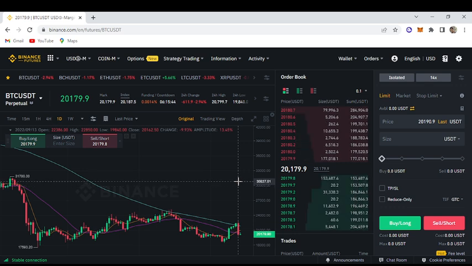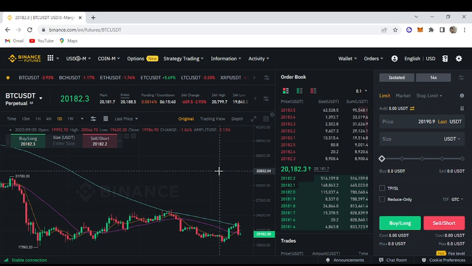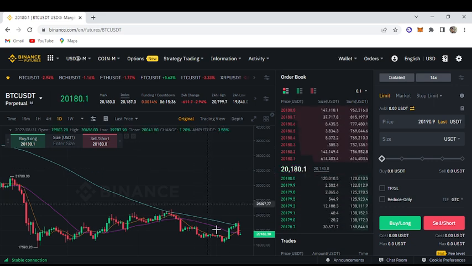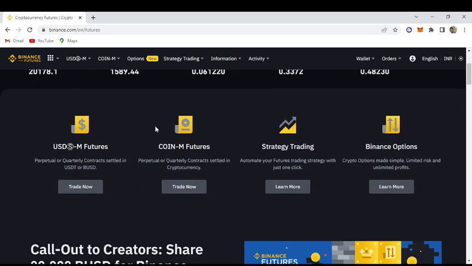You place $100, you win 1%, and your leverage is 100x, so you win another $100 and get $200. Of course that's a very risky play, but a lot of people love to do that.